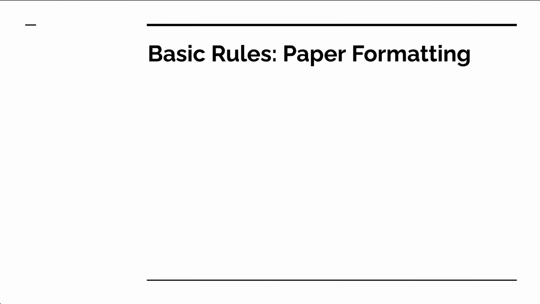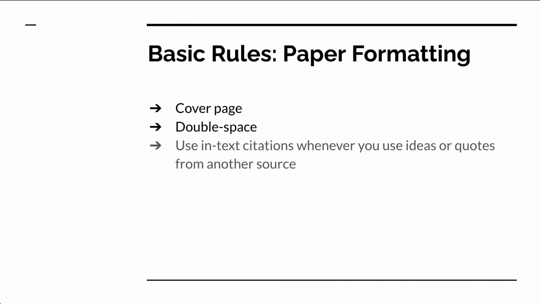Next, let's go over some basic formatting for your actual research paper. APA style does call for a separate cover page. You'll need to double space the entire document. You'll need to use in-text citations whenever you use outside ideas or quotes.